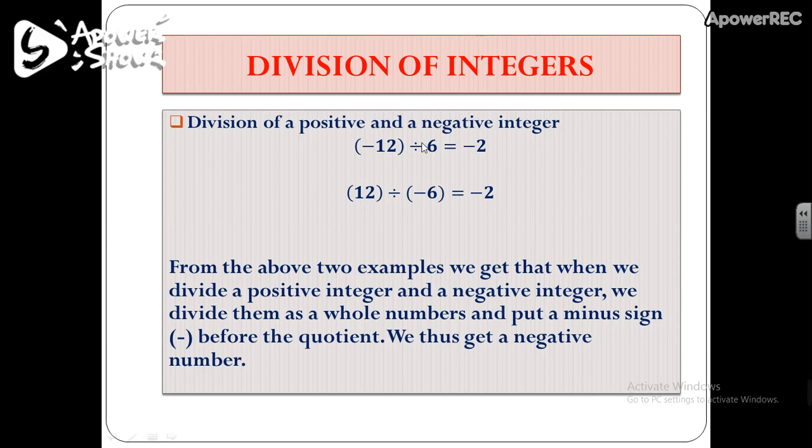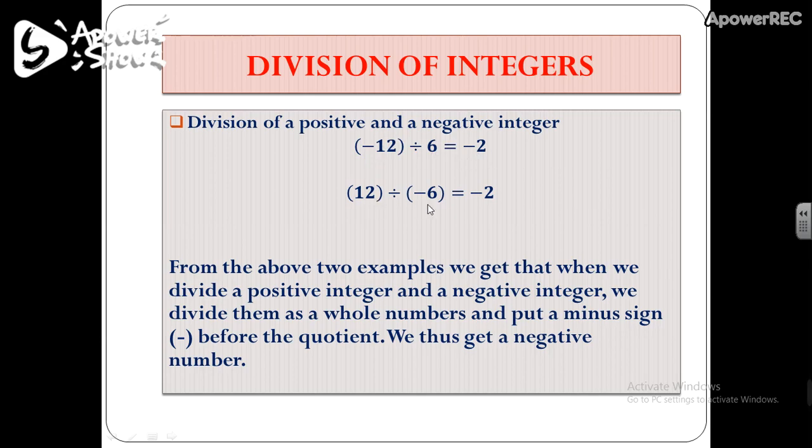So from the first two examples we see that in both cases we get minus 2 as a result, which can be easily obtained by dividing 12 by 6. So 12 divided by 6 equals 2, and then we just put the negative sign here.